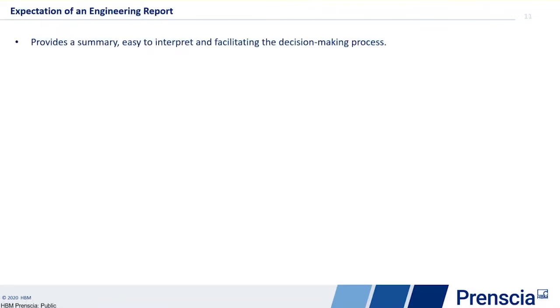Okay. Coming to the point of what people expect from an engineer as an engineering report. Most of the time, an engineering report is supposed to provide a glimpse, as a nutshell, of what the data talks about.